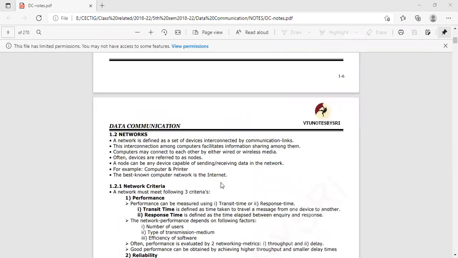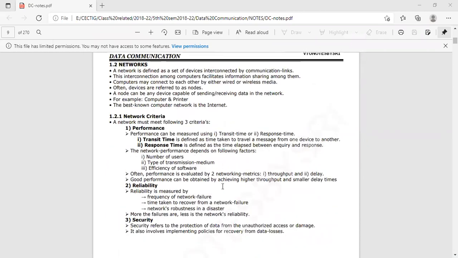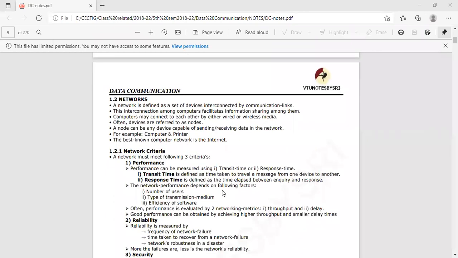So now we have talked a lot about data communication from yesterday's class till now. We have been talking about data communication, the modes, the basic components, these types of things.